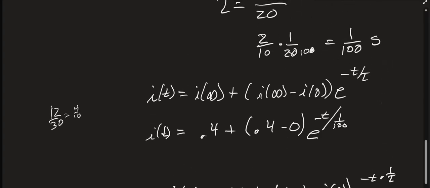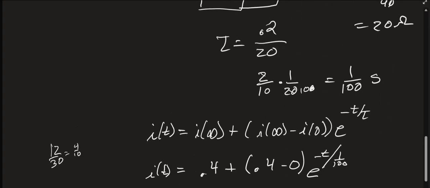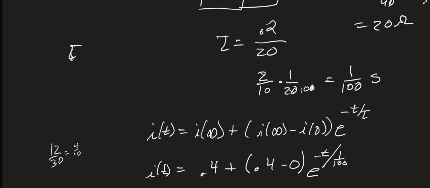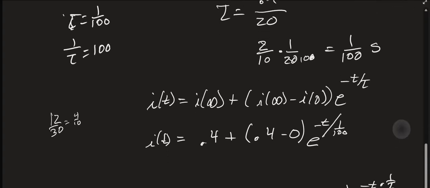So if tau is 1 over 100, it is. Yes, it is.